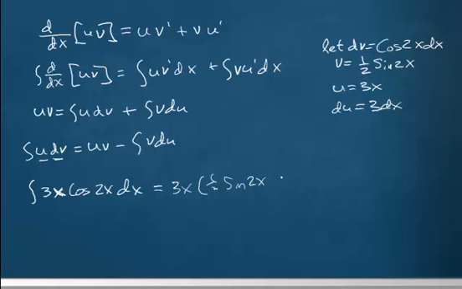So there's u times v. Now I'm going to subtract from that the integral of v du. So v is going to be 1/2 sine 2x, and then du will be 3 dx.